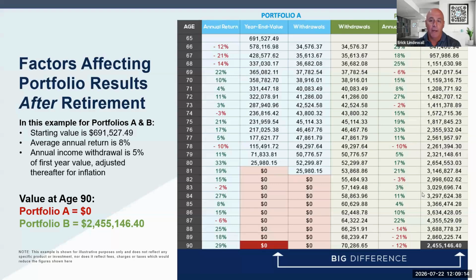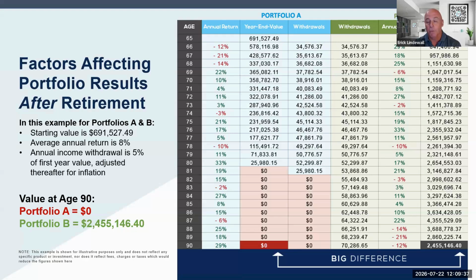Now, Portfolio A is doing the exact same thing. They're starting with the 691, and they're withdrawing 5% per year, adjusted for inflation thereafter. The only difference between these two outcomes is that Portfolio A was unlucky enough to retire in the midst of a bear market.